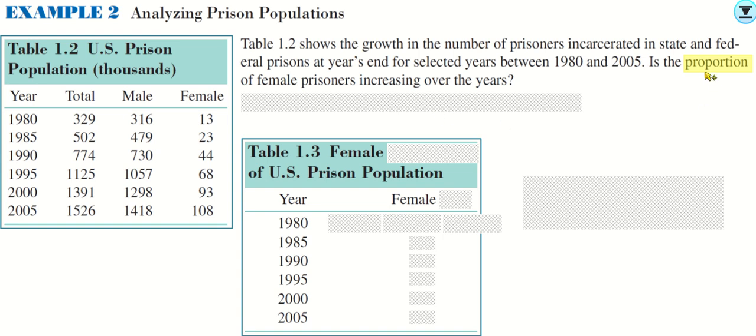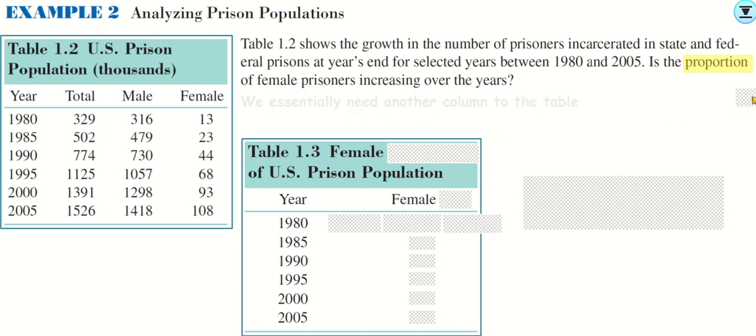So they're specifically asking, is the proportion increasing? Not the number of females, because that's really obvious. Like in 1980, there were about 13,000 incarcerated females, and then 23,000 5 years later, 44,000. But is the proportion?